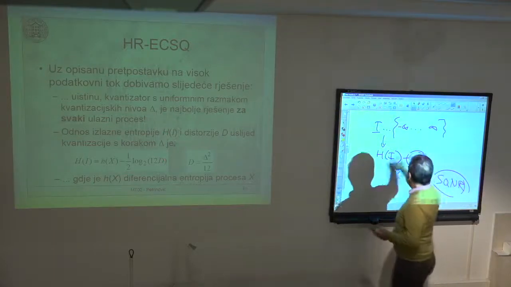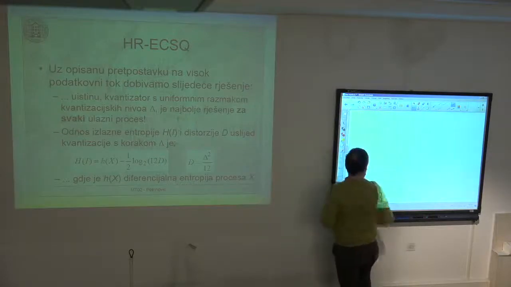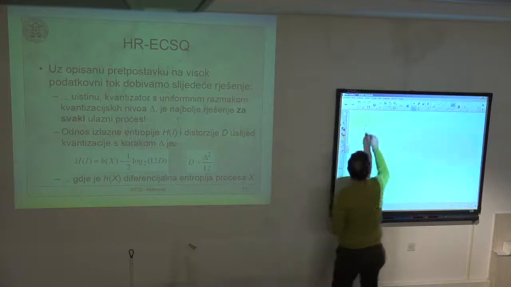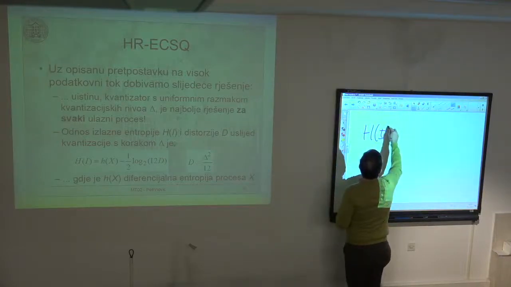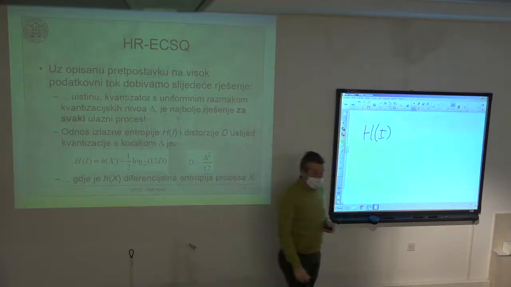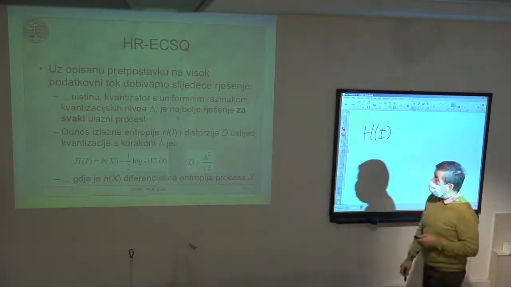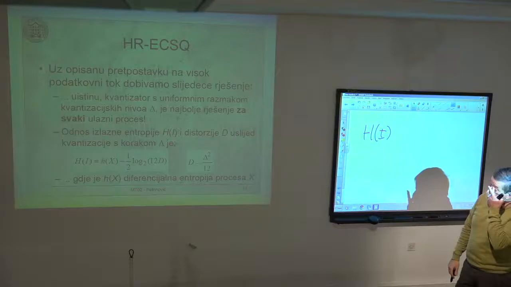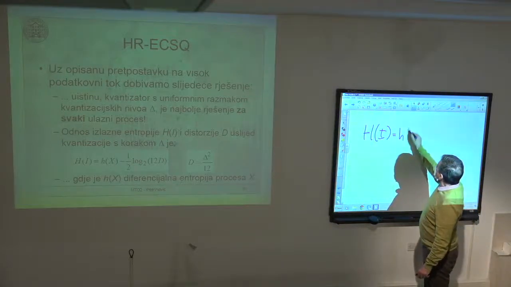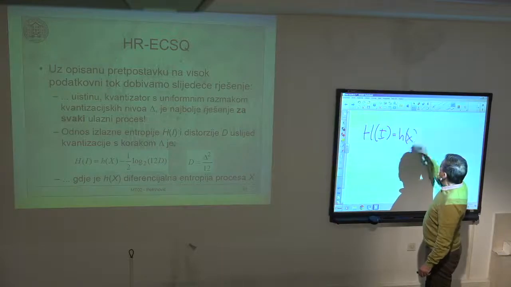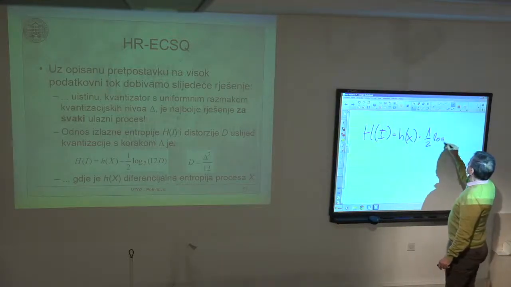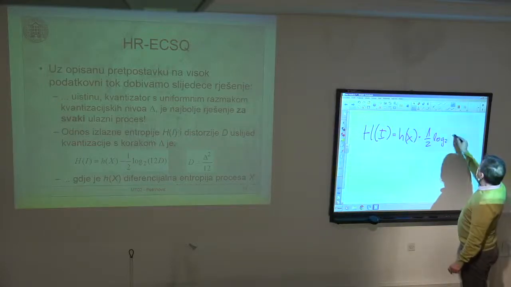So this H of I, the entropy of output indices, is related to the distortion. So that is the expected value of the quantization error. So this D is the expected value of the quantization error by this simple expression. So this small h of x minus 1/2 of the logarithm base 2, 12 times D.